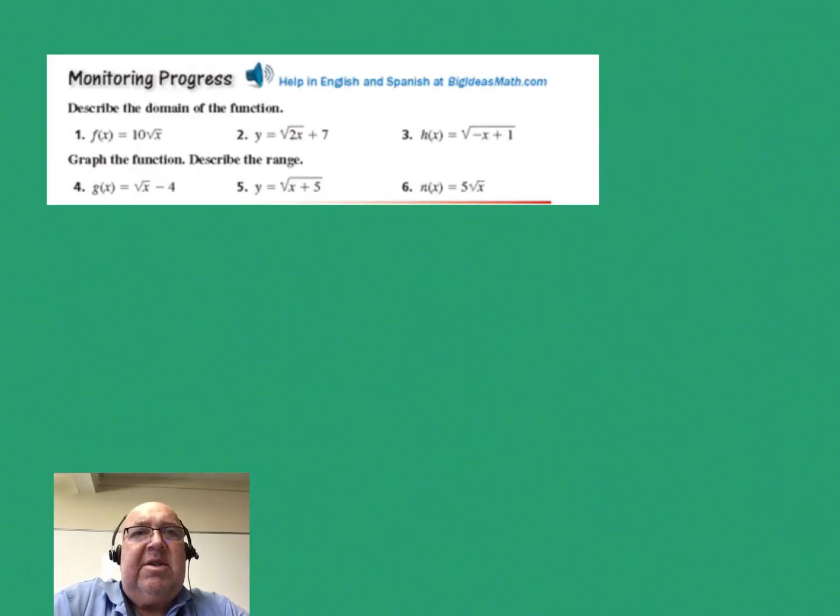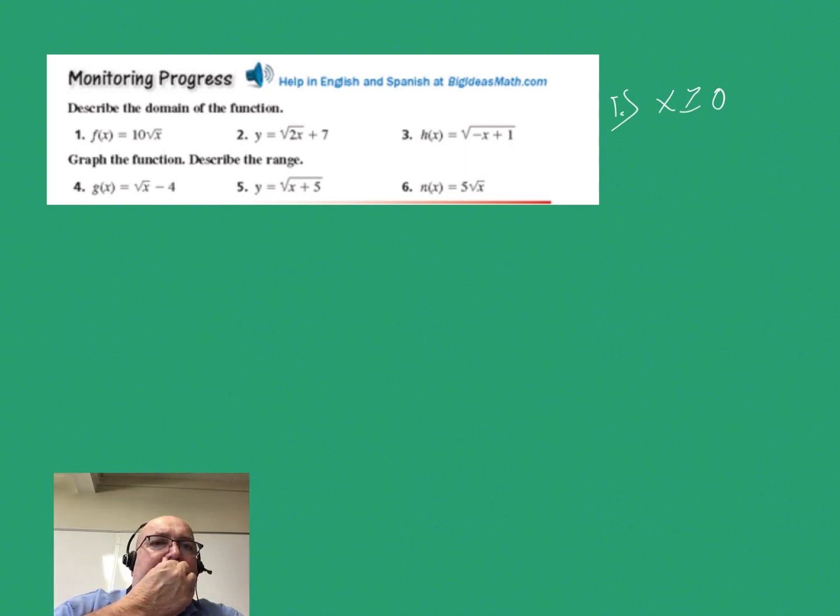So we want to look at the domain of the first 3 functions. The domains are, for number 1, x is greater than or equal to 0 because it doesn't have anything that's going to move it right or left. Number 2 has the 7 afterwards, but that's going to shift it up or down.